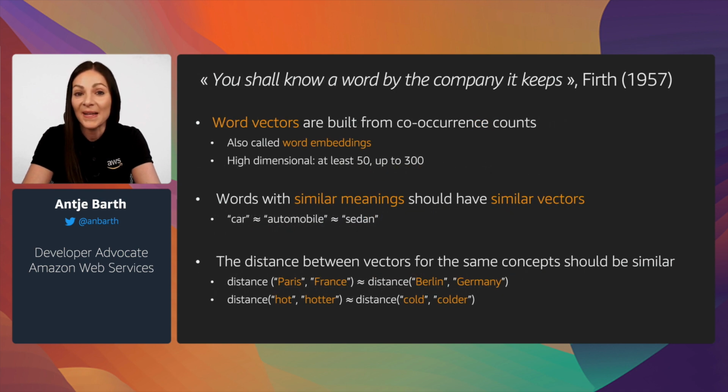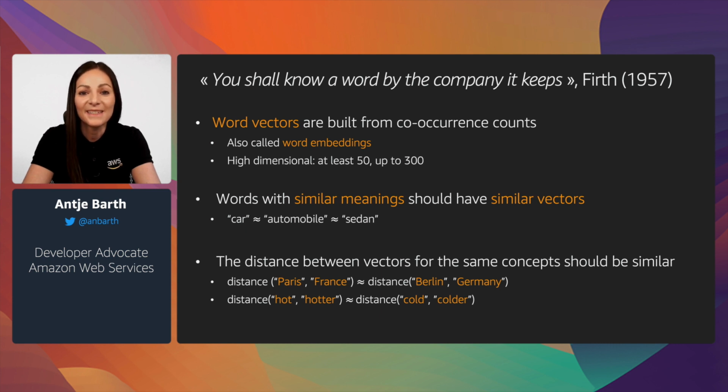And as I said, it has been studied for a long time. If we look back to 1957, an English linguist called Firth coined the phrase, "You shall know a word by the company it keeps." And it's still relevant nowadays. If you think of how machines communicate, they're not using human language, words.